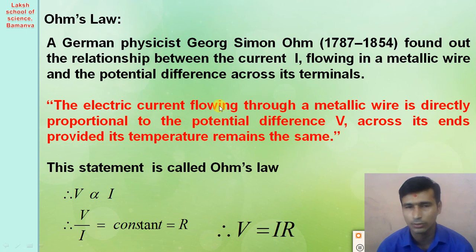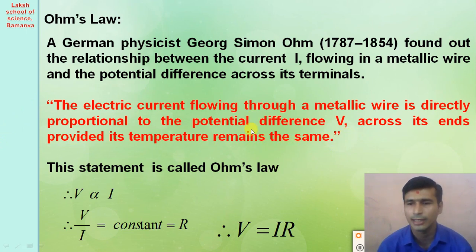So what is Ohm's law? The electric current flowing through a metallic wire is directly proportional to the potential difference V across its two ends, provided the temperature remains constant, or we can say the temperature remains the same. This statement is known as Ohm's law.